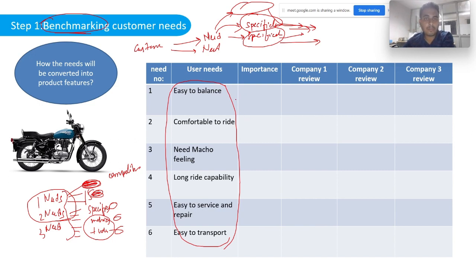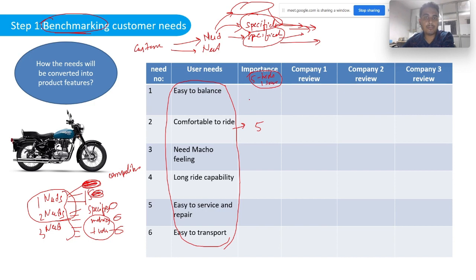For example, for a classic bike, probably the most important thing is comfortability. So you give the highest rating, where 5 is highest and 1 is lowest. This is just an example. So here you give 5.